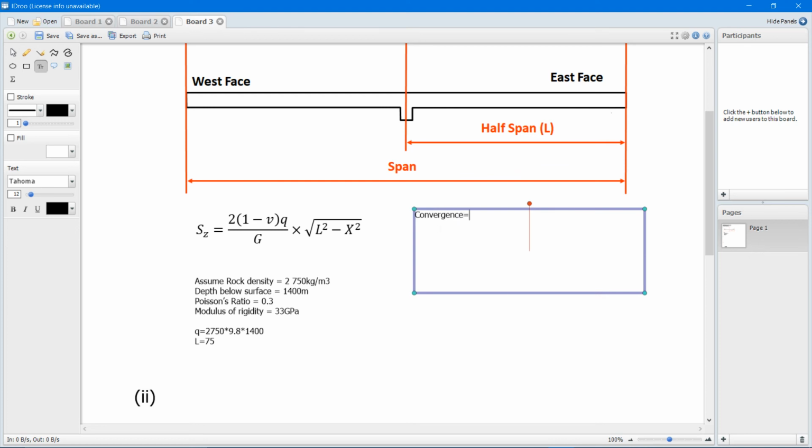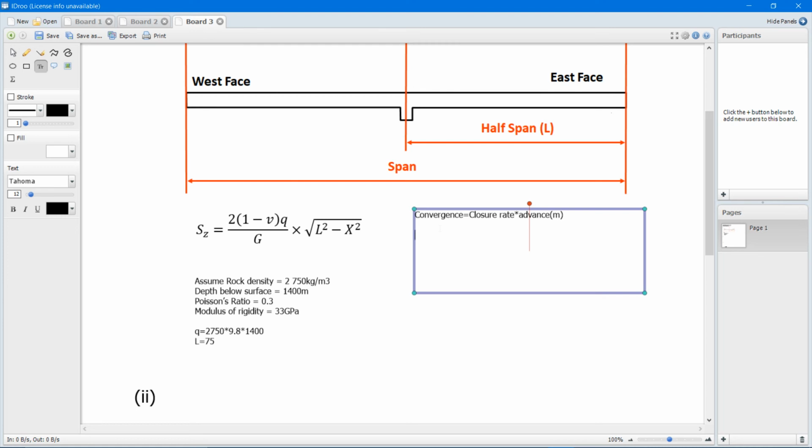Now we can do that using our closure rate multiplied by the number of meters of advance. Hence why we've been asked to calculate the closure rate in the first place.